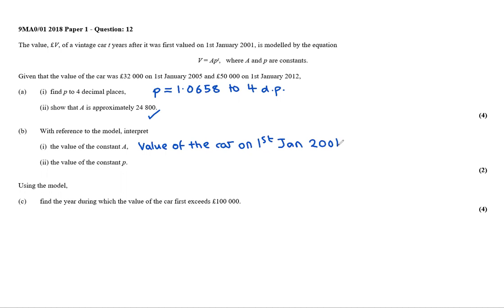The P to the power T is the exponential growth over the years. So the constant P is the factor by which the value of the car increases.